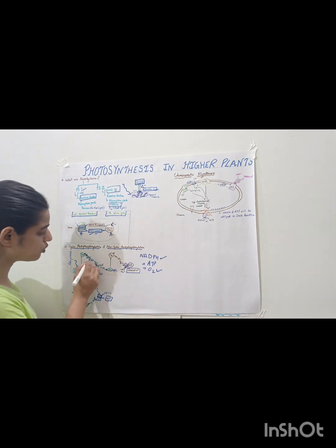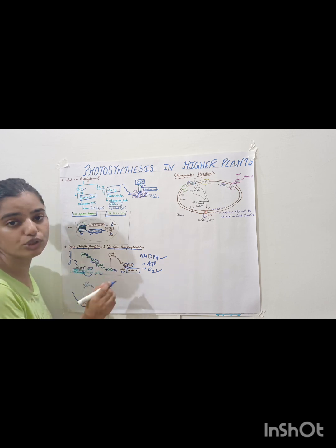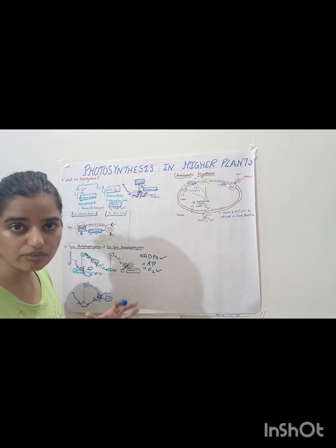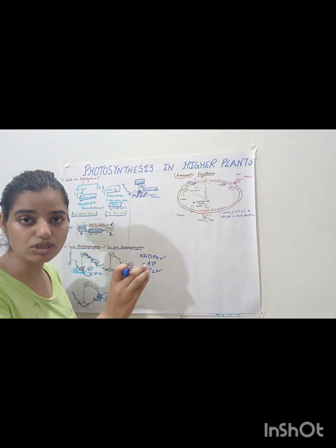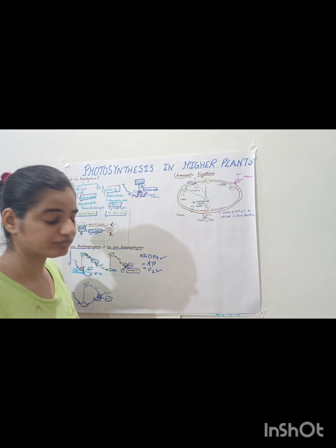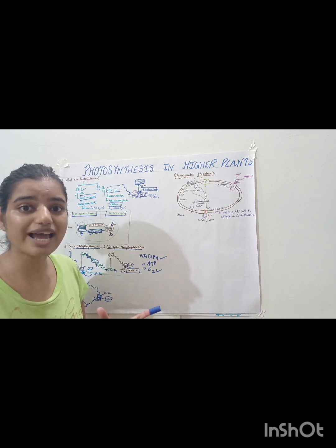Here the most important molecule is the plastoquinone. When the plastoquinone transfers the electron, along with the electron this molecule transfers hydrogen ions from the stroma into the lumen. So in the lumen, the concentration of the hydrogen ions will increase.